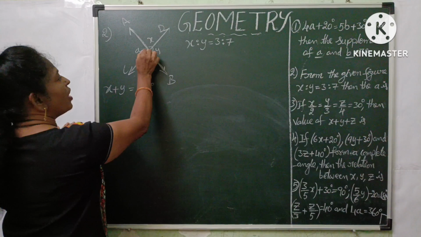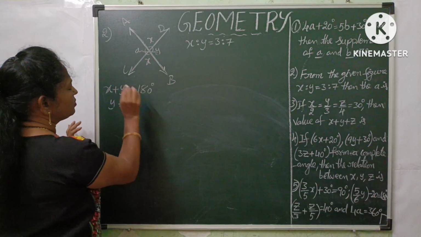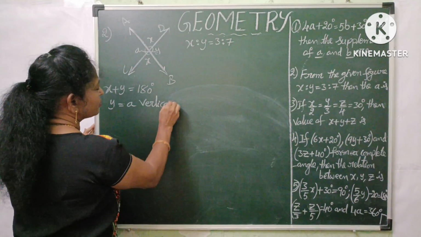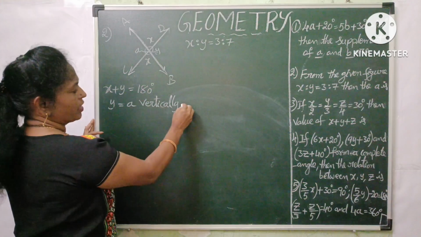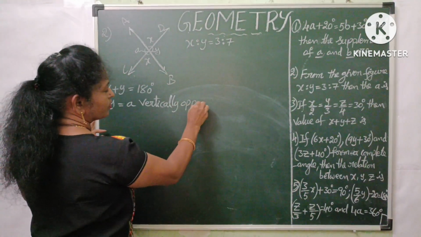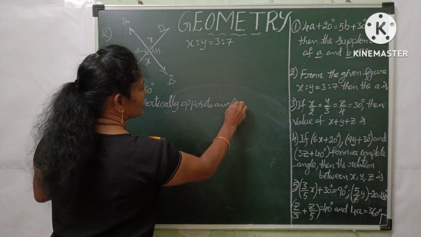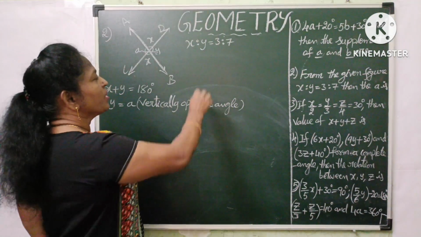Then here y equal to a, vertically opposite angle. Actually, vertically opposite angles are equal. Okay, right. This is the ratio.